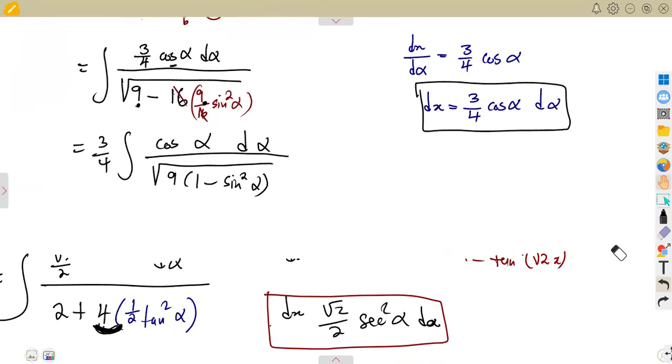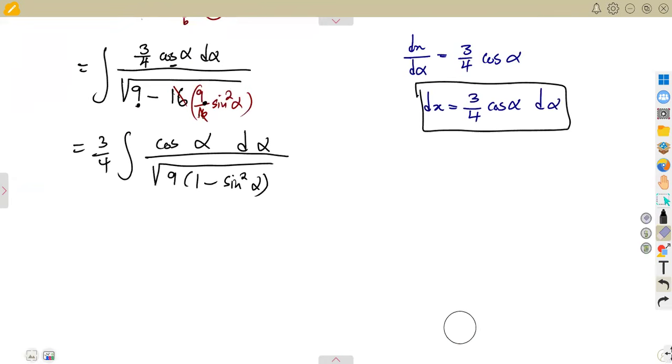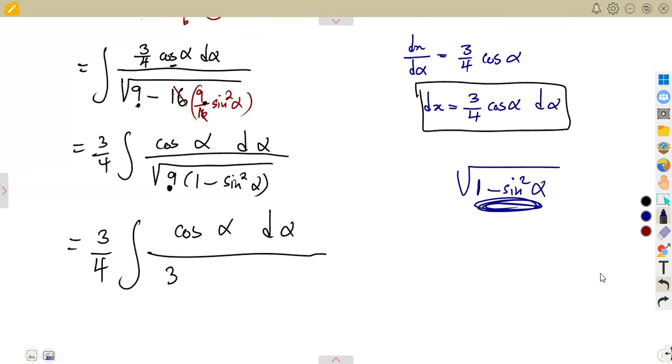Let's see what we are having from this simplification. That's 3 over 4, the integral of the cos of alpha d alpha over the square root of 9, which we know is a 3. Under the square root, there is a 1 minus sine squared alpha left. The square root of 1 minus sine squared alpha. What does this part mean?